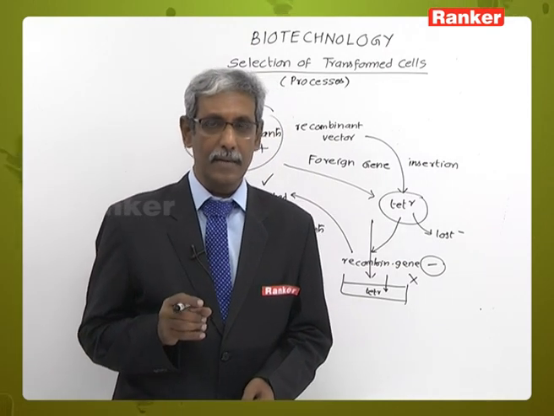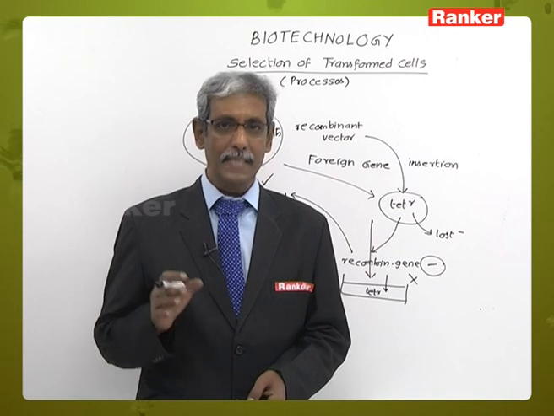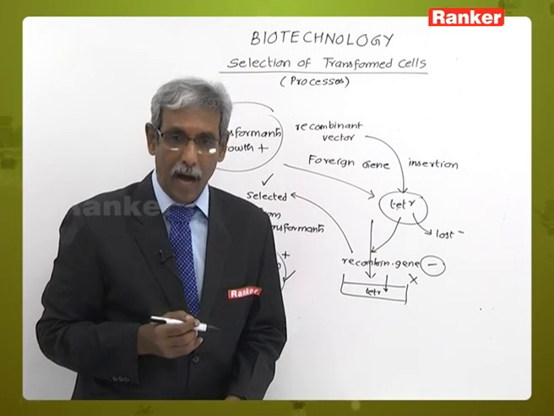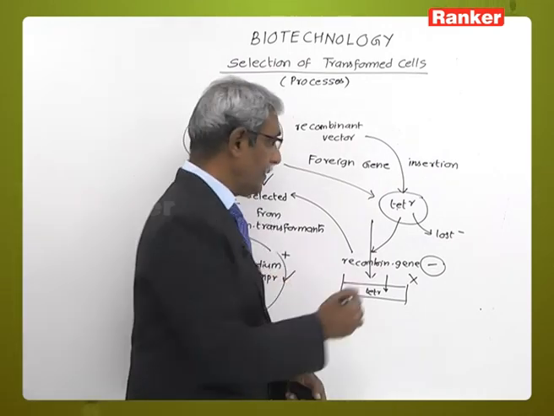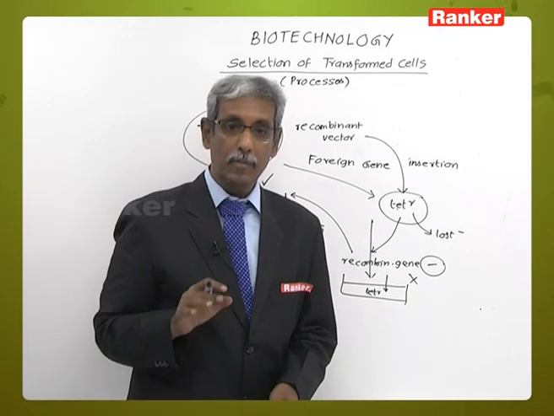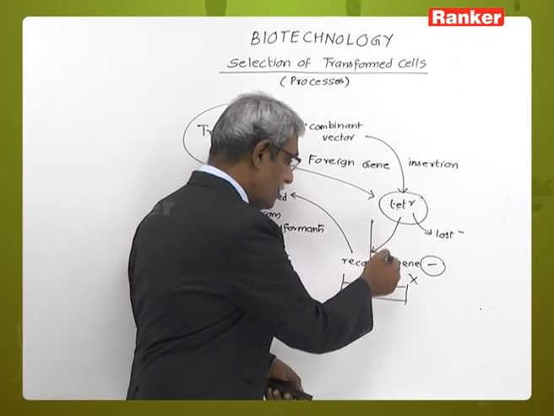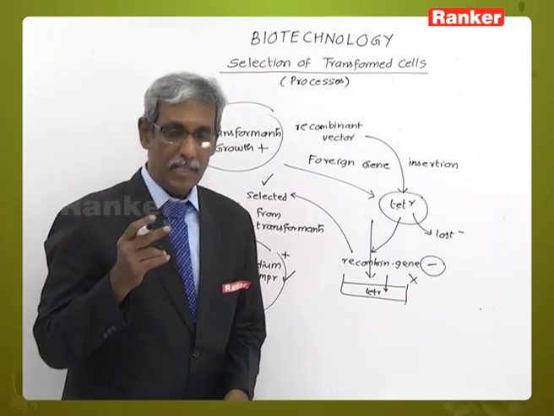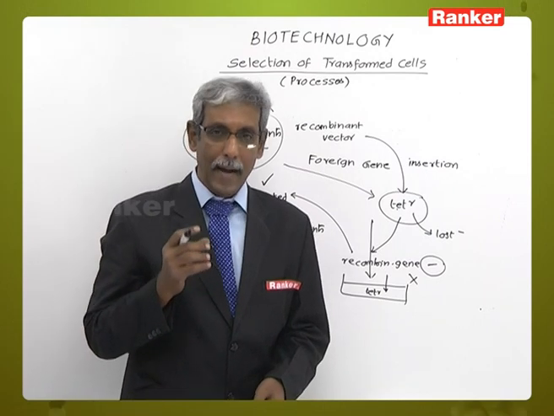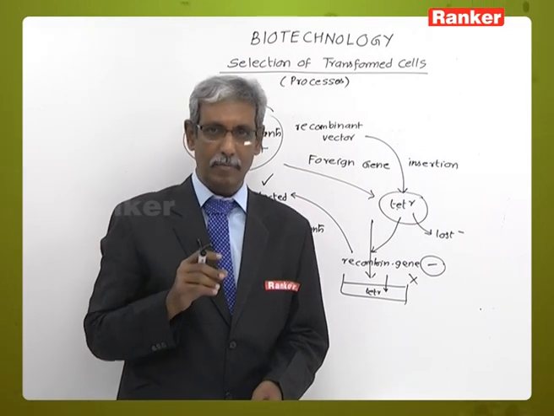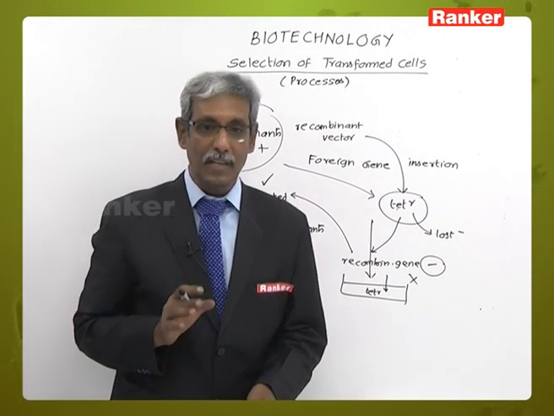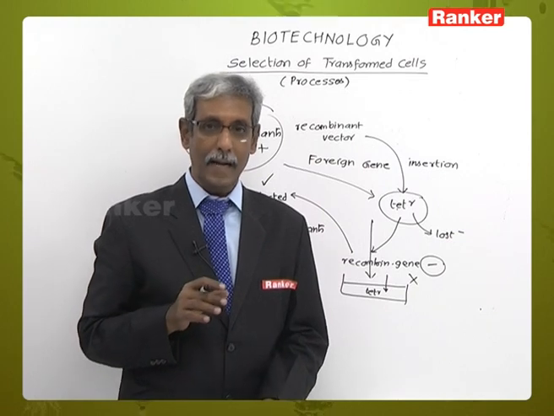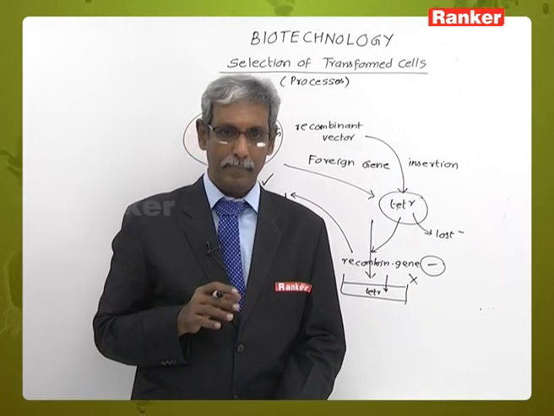Whereas the other antibiotic gene, TetR, gets inactivated due to insertion of the foreign gene, and because it gets inactivated, it again helps in the selection of the recombinants. So, this is a very important principle: one antibiotic gene, AmpR, helps in the selection of transformants, and another antibiotic gene, the TetR gene, is inactivated due to the insertion of the foreign gene and also helps in the selection of the recombinants.